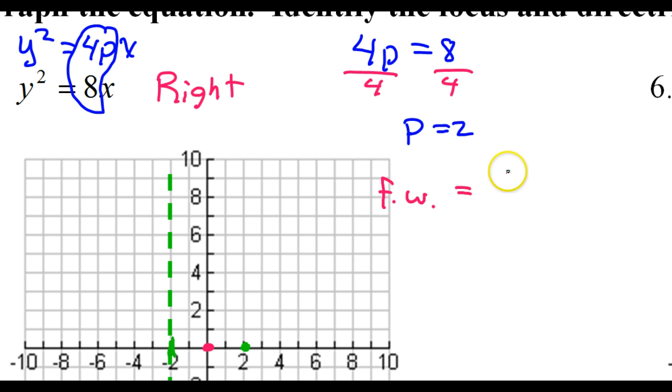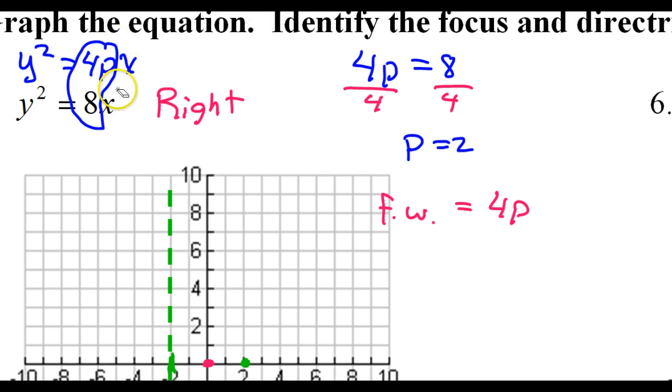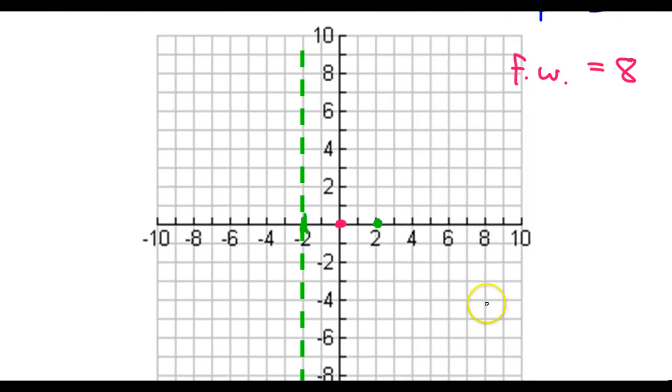We know that that's always going to be the 4p. Now I don't need to multiply 4 times 2 and get 8. I can just recognize that the focal width is this number right here. It's already 4p, we don't have to create it. So the focal width is 8. See what I did there?